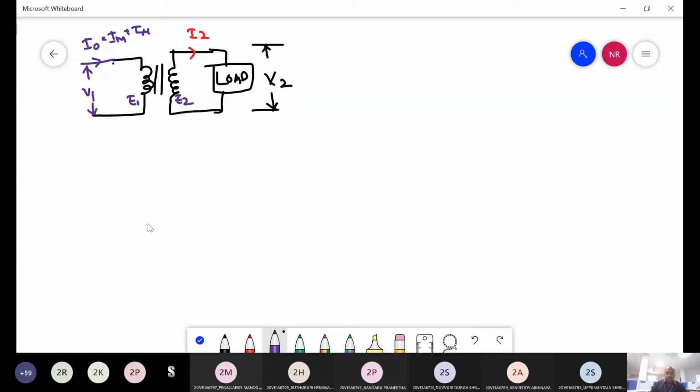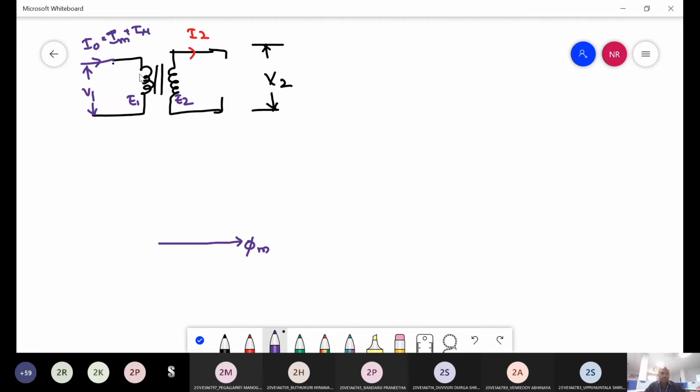So here first the magnetizing Im. When we give the supply voltage, the no load current flows, initially it is no load. Here the load is not connected. When the load is not connected, the no load current I naught flows, and this no load current is split into two parts, magnetizing current Im and I mu.